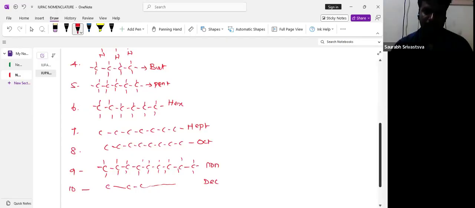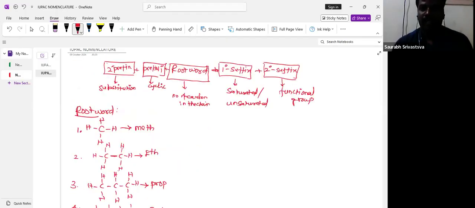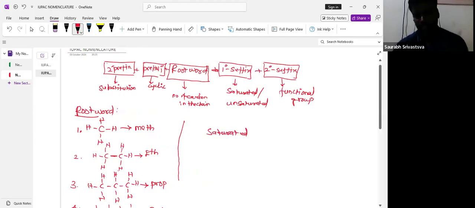Next case, saturated and unsaturated. If it is saturated, when you are writing the structure, in between the carbon and carbon there should be single bonds alone. Whether it is 10 carbons, 20 carbons or n number of carbons, whatever the chain, you should not find a double bond or a triple bond anywhere.